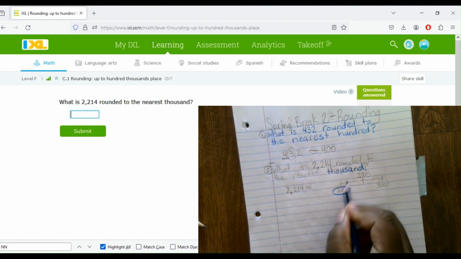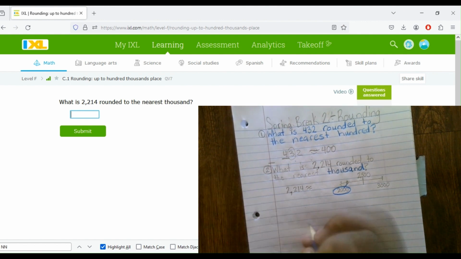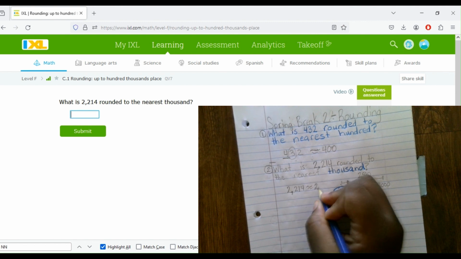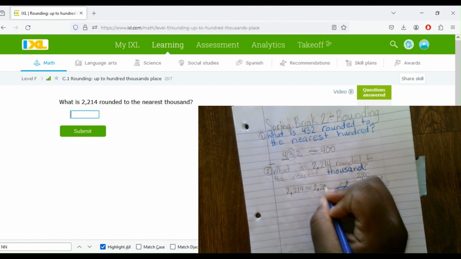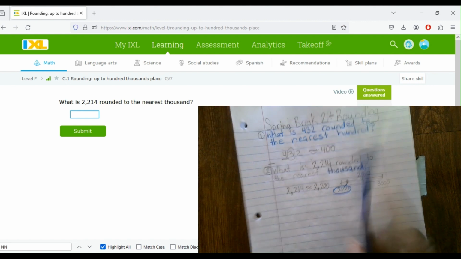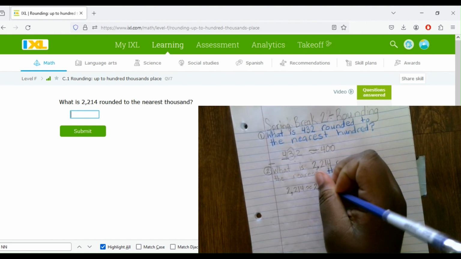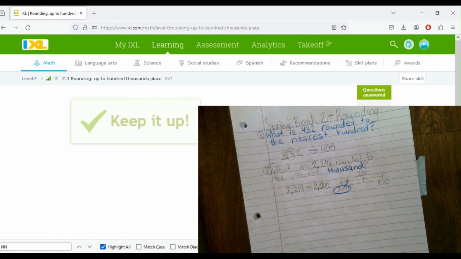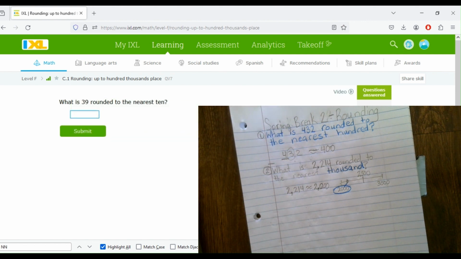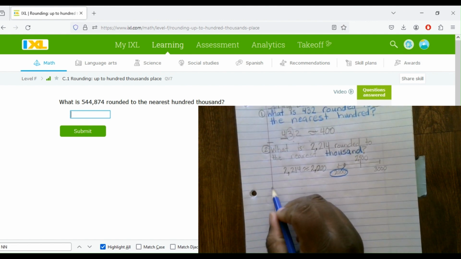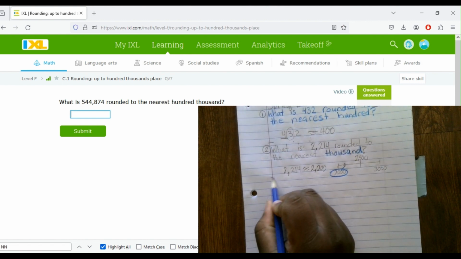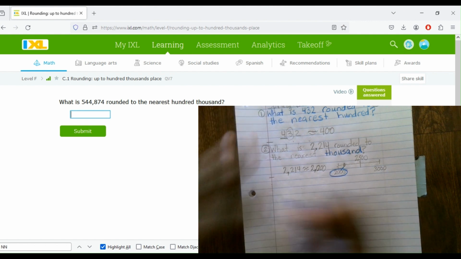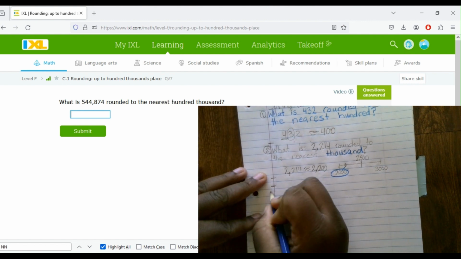And so the nearest thousand is 2,000. So 2,214 is approximately equal to 2,000, just 2,000. Again, we have multiple strategies for rounding. I finished working that problem, skip a line.